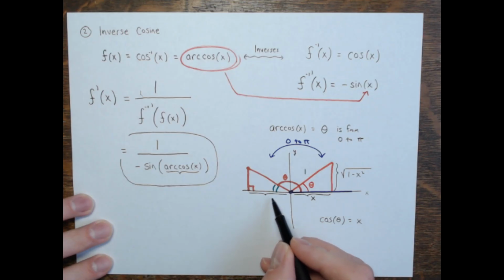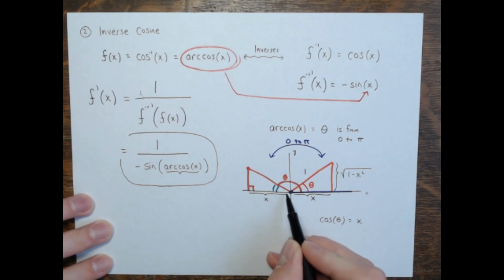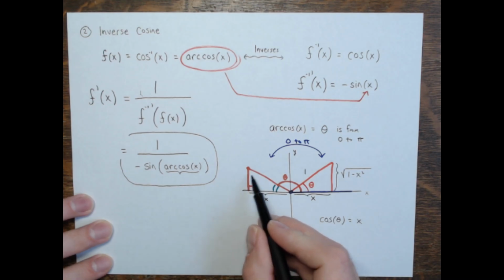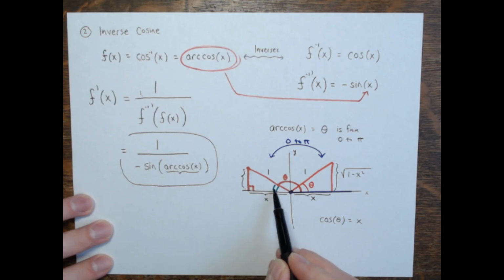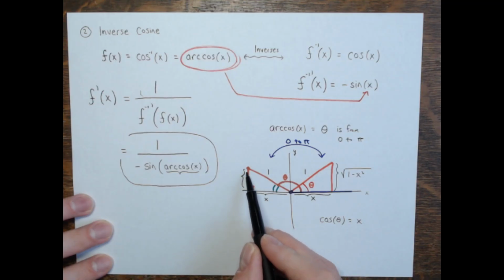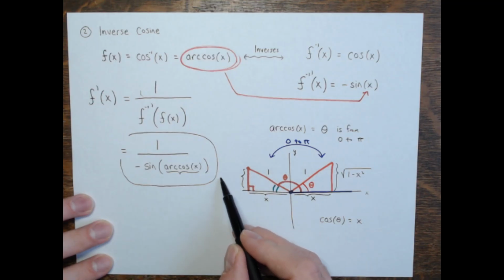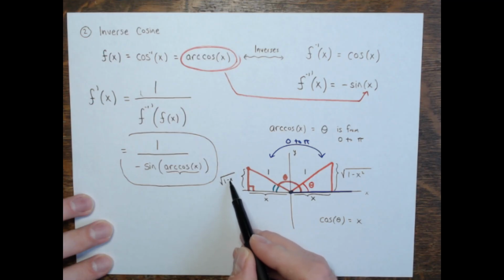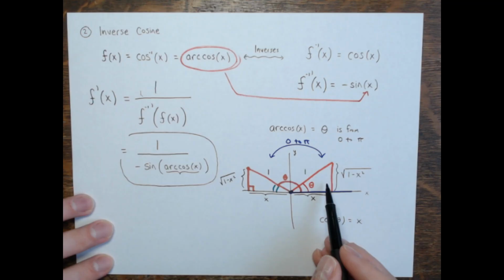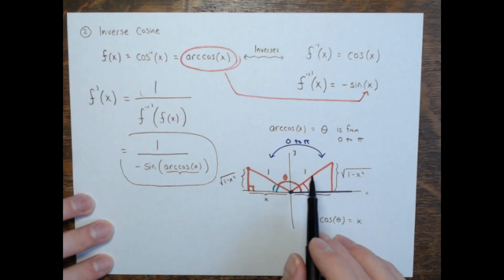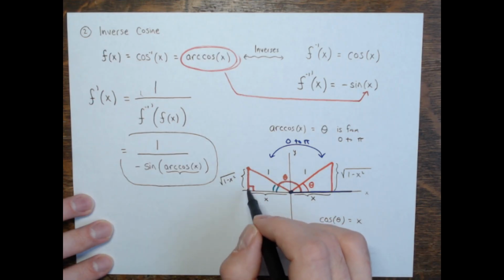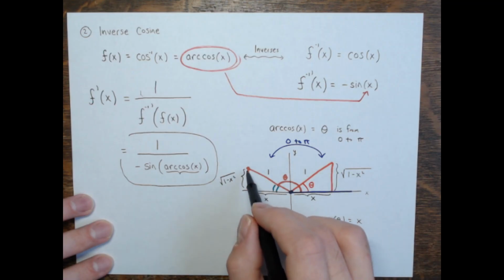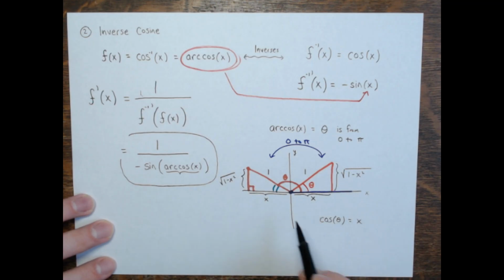So adjacent length x, which over here would be a negative length, as it's left of the origin. And then hypotenuse 1, but still the opposite side from the reference angle here would have a positive length. That would still be positive square root of 1 minus x squared. So no matter what quadrant we're in here from 0 to pi, this opposite length to the angle or reference angle is a positive measure.